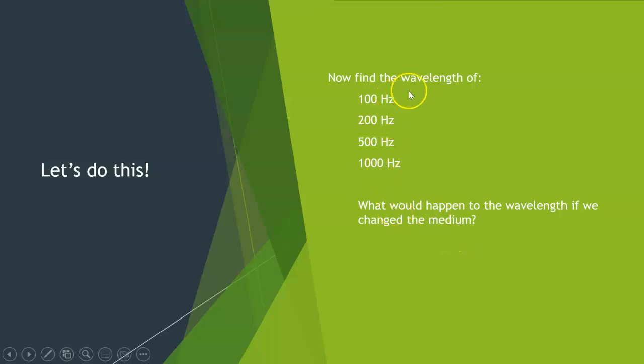So if we change the medium from the gas medium, which is the medium that we use to communicate, to a liquid or to a steel medium, what happens to the wavelength? Okay, so this is going to be your homework for the evening to calculate the wavelength and what happens to wavelength when you change the medium.